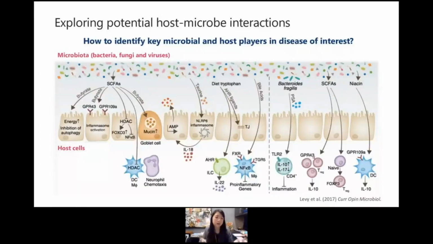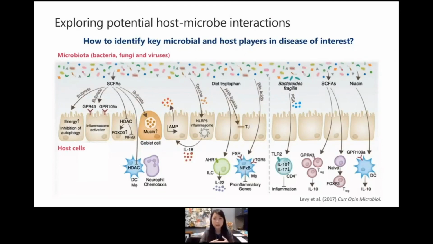And so for researchers who are interested in exploring host microbe interactions in the disease of interest, one of the biggest challenges is how to identify the key players within a complex microbial community that has trillions of microbial cells within the gut, that spans over thousands of species.